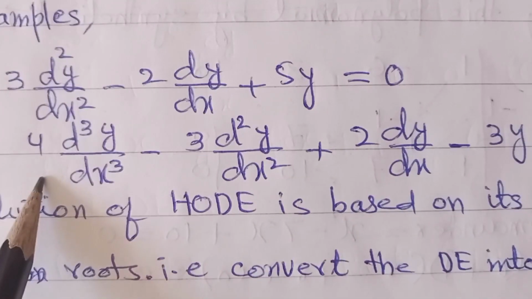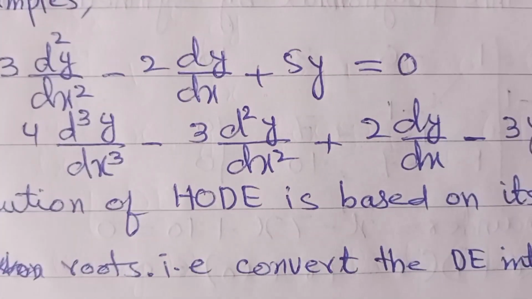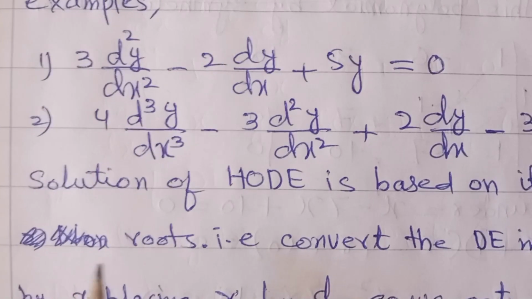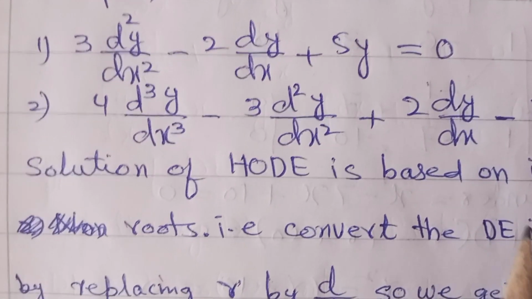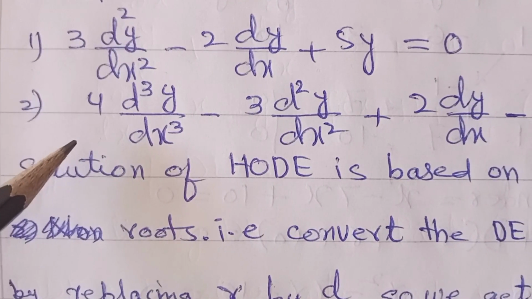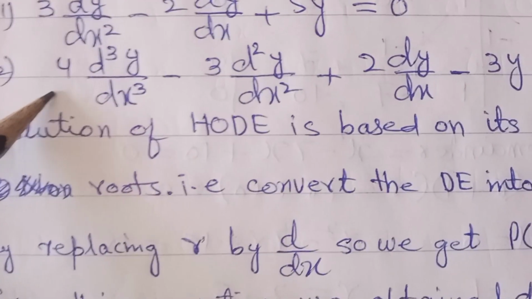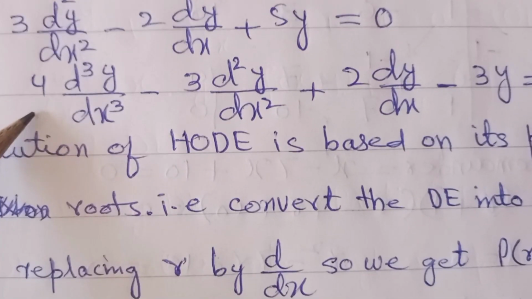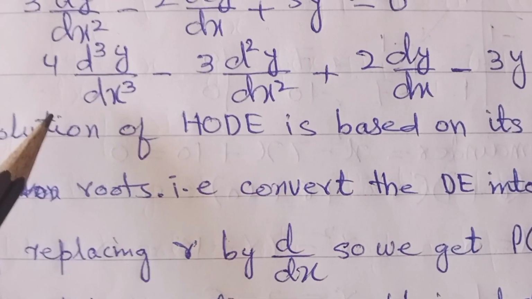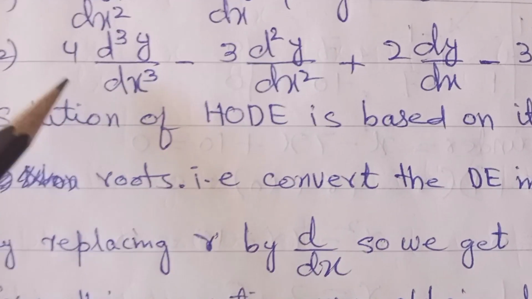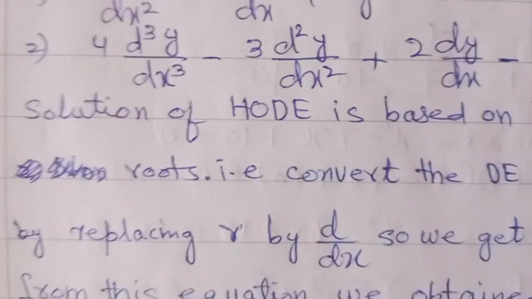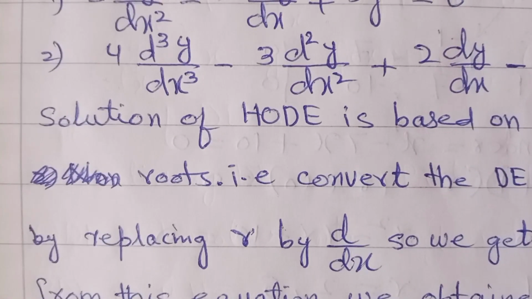So in this differential equation we have the highest order 3, so this equation is known as third order differential equation. The solution of the higher order differential equation is based on its polynomial, the characteristic equation, which provides us the several roots. So how do we obtain the characteristic equation?